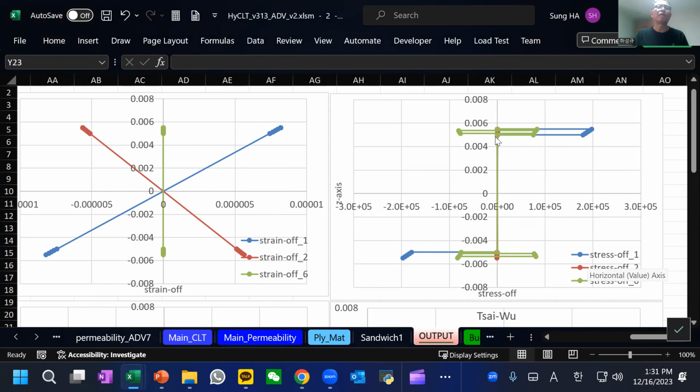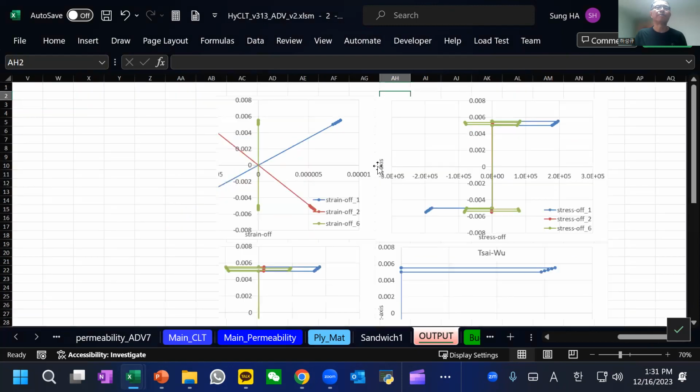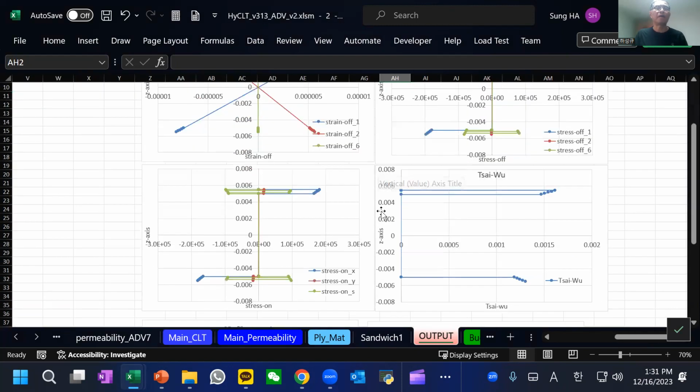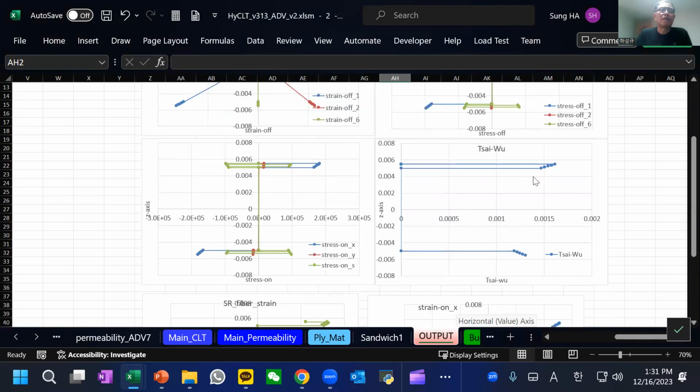That's why the stress is almost zero. That is the one we need to clearly understand. And the Xi-U is very small. This is mainly because of a very low moment. But the important point is this distribution.